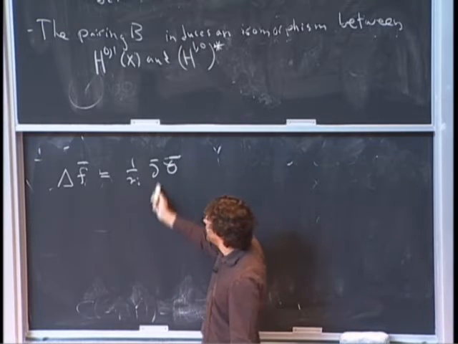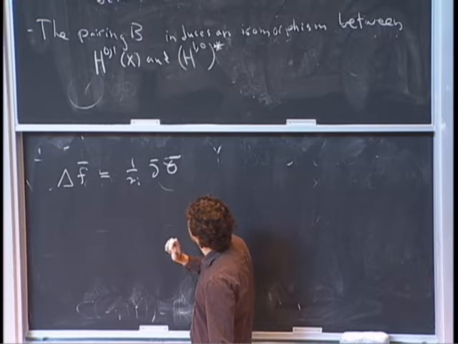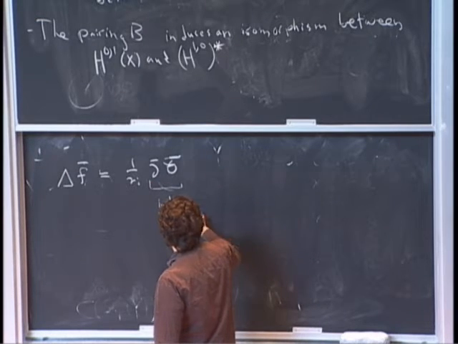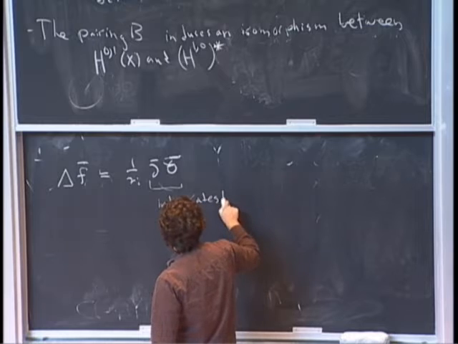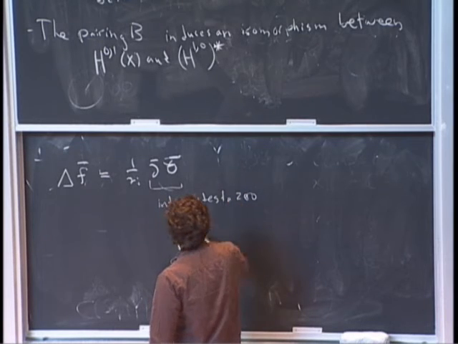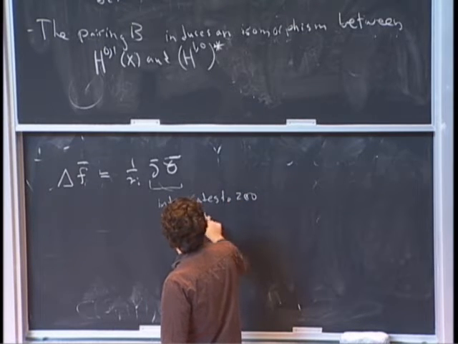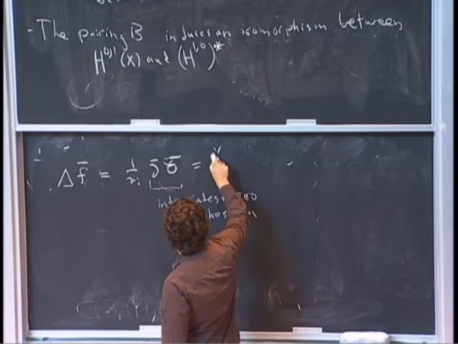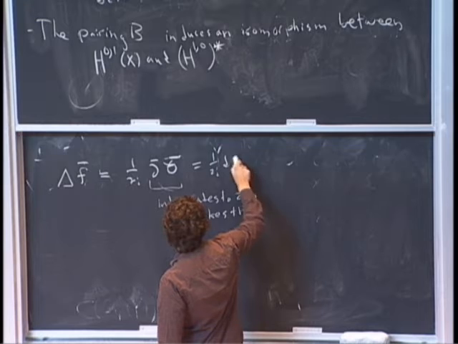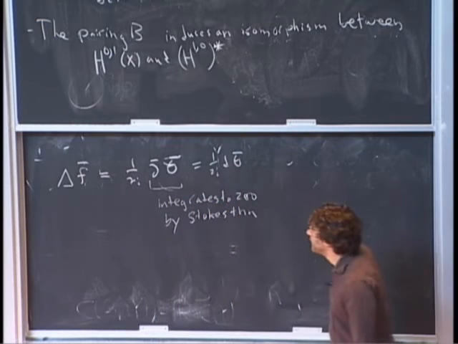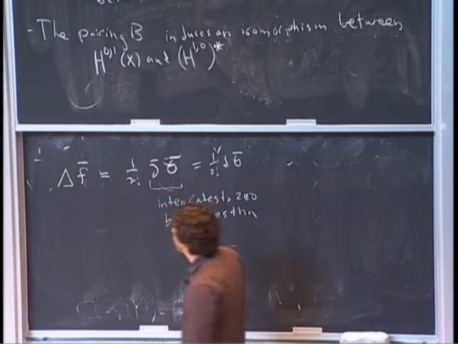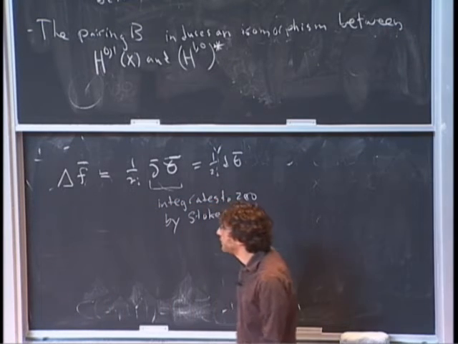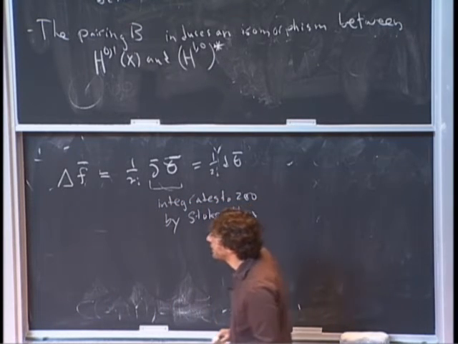To apply the theorem, we need to know this integrates to 0. But of course, this integrates to 0 by Stokes' theorem, since this is really equal to 1 over 2 pi i d of theta bar. So we can just use the theorem to find exactly the f bar we want, which won't be unique, but it'll be unique up to addition of a constant.